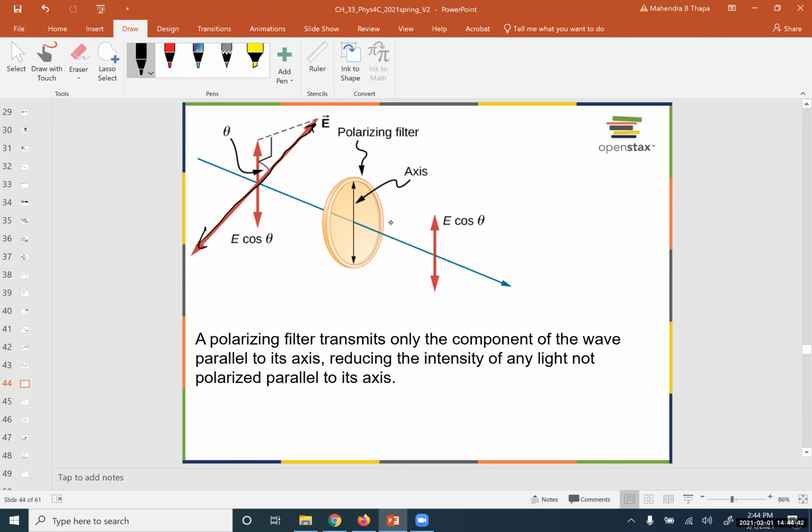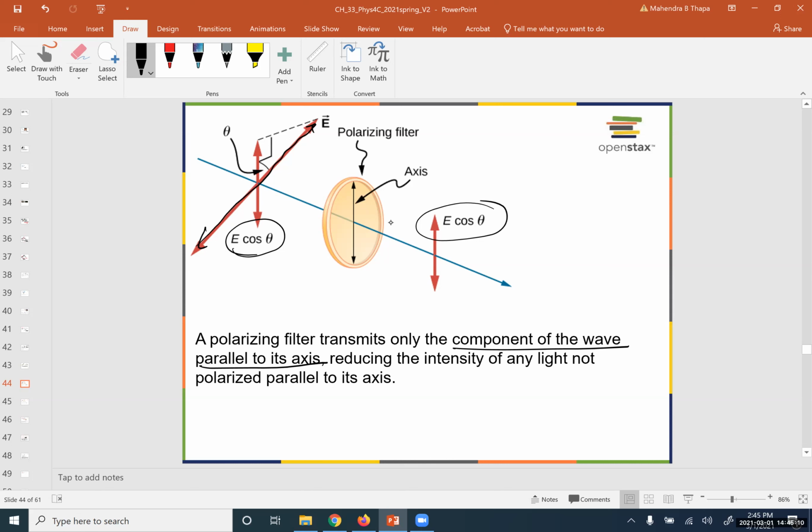So if this light wants to pass through this filter, all the light having intensity E will not pass through this filter. E cos theta is the component of the wave parallel to the axis. So after passing through the filter, only this component will pass.